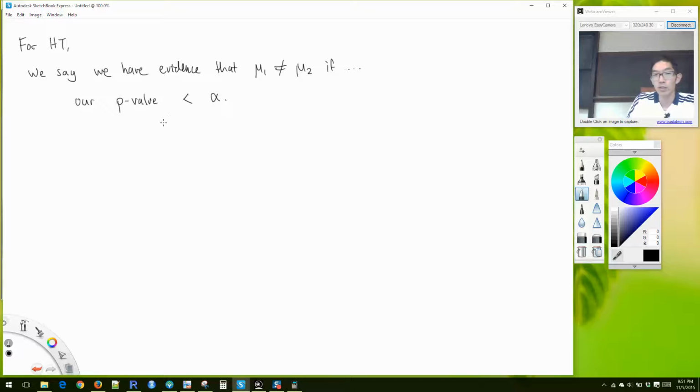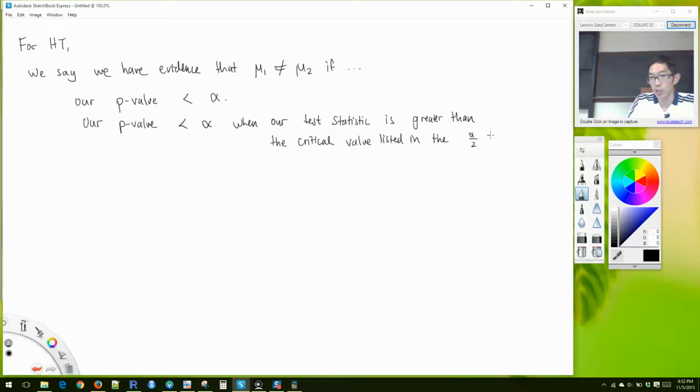How do we know when our p-value is less than alpha? When our test statistic is greater than the critical value listed in the alpha divided by 2 column.